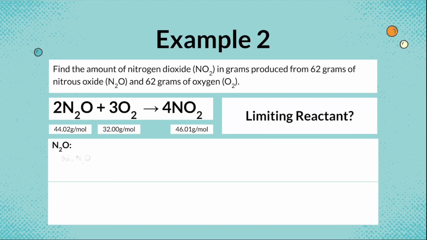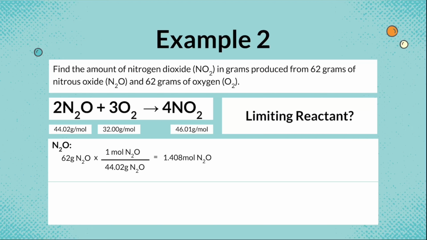So 62 grams of N2O can be multiplied by 1 mole over 44.02 grams N2O, which is its molar mass, which will get us 1.4084507 moles of N2O. I shortened it to 1.408 here because we don't have much space.